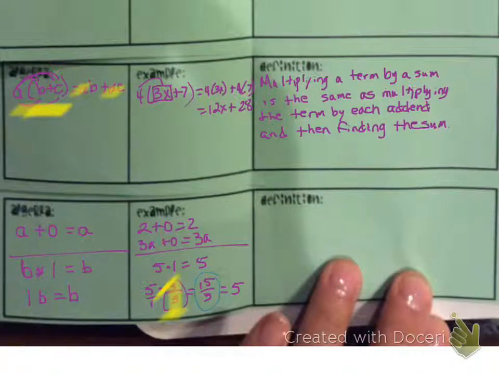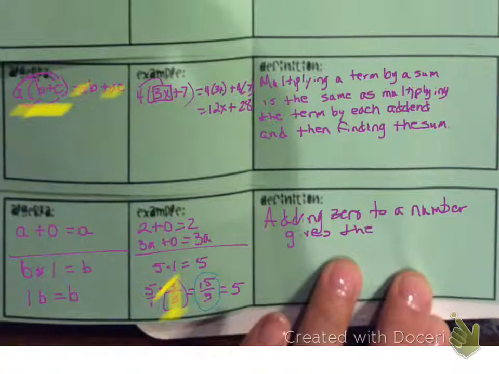So then our definition: adding 0 to a number gives the same number. I'm going to use the number sign there.